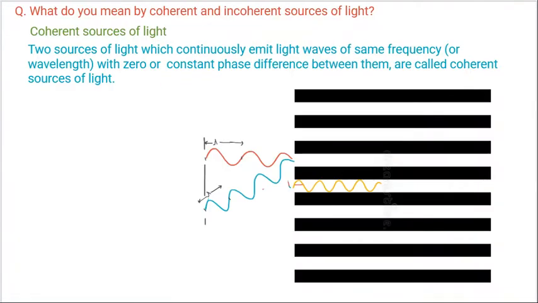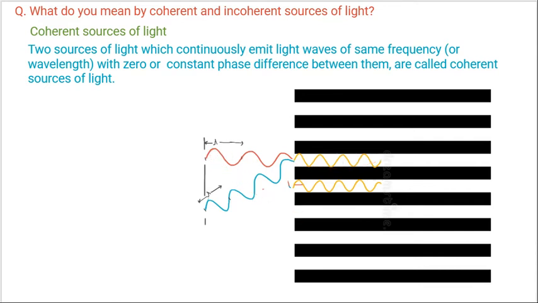And if this phase difference between these two waves is constant, in that case you will also get a constructive interference. If this is a constructive interference, that means you will get a maxima here. So this is your first order bright fringe. The same principle is followed here also.